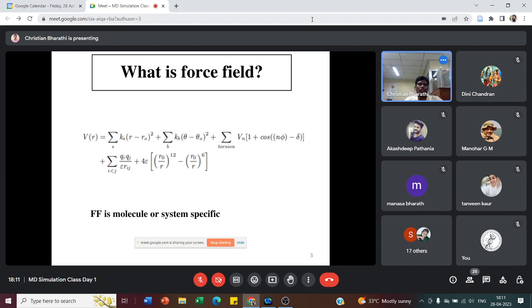And the force field is very important for molecular dynamics simulation.